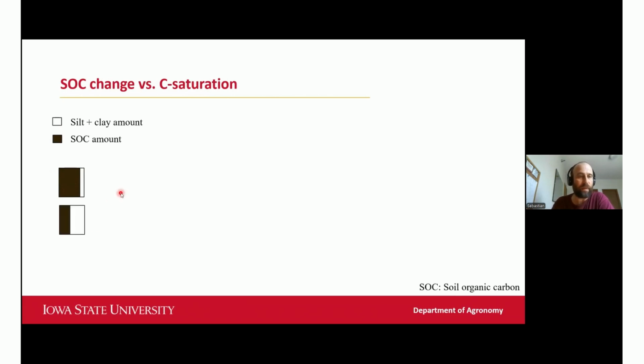So if we reduce the soil organic carbon amount, the soil is less saturated. But there is another way to reduce the carbon saturation, and that is by increasing the silt plus clay amount. So that is why the relationship between soil organic carbon and silt plus clay is a good indicator of the carbon saturation status.